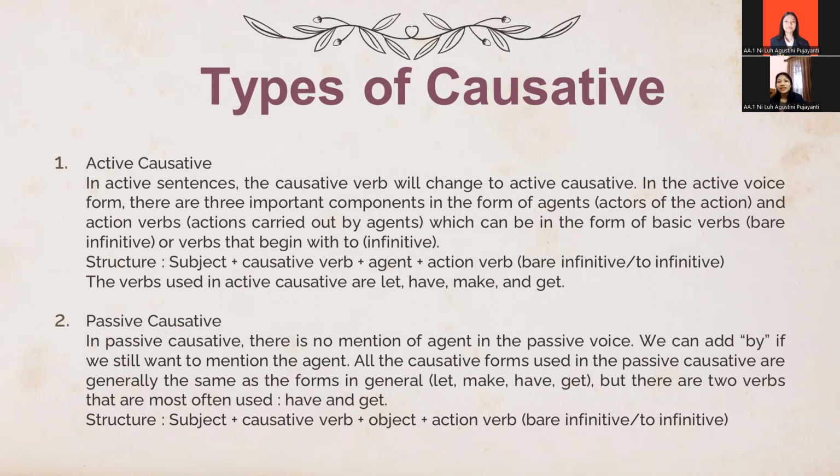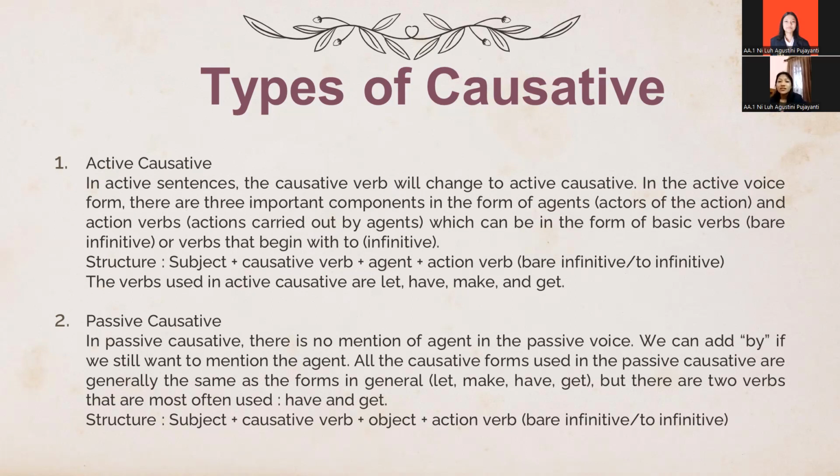And the second type is passive causative. In addition to causatives used in active sentences, they are also found in passive sentences, which we usually call passive causative. There is no mention of the agent in the passive voice, so we can add by if we still want to mention the agent.